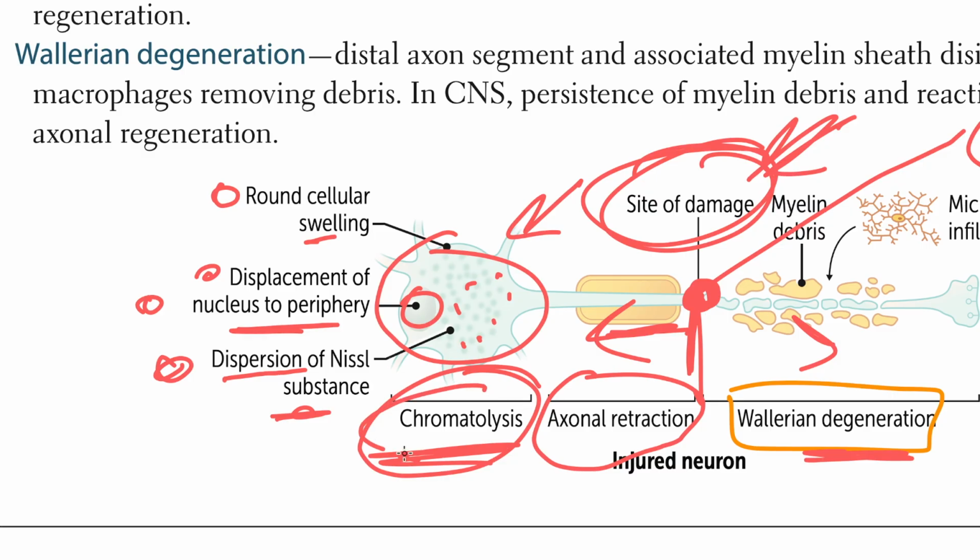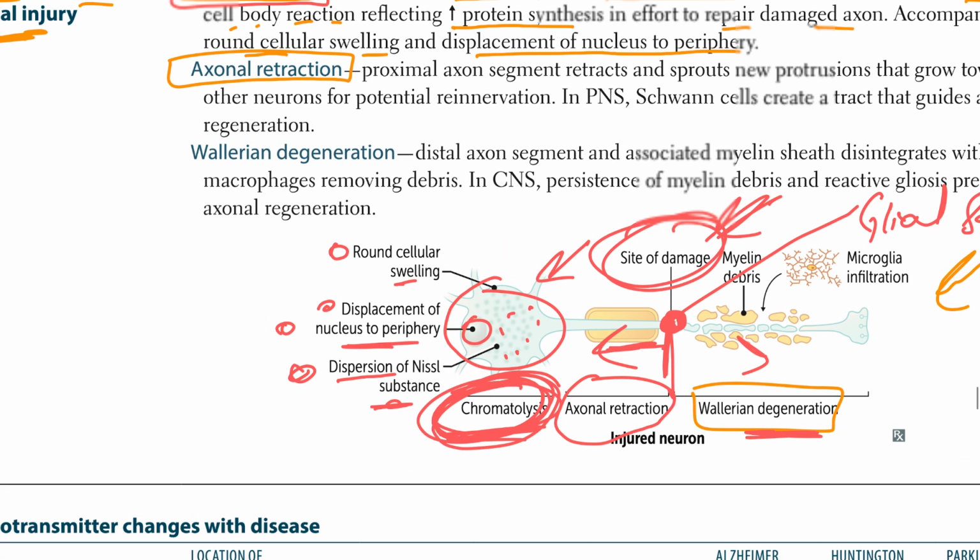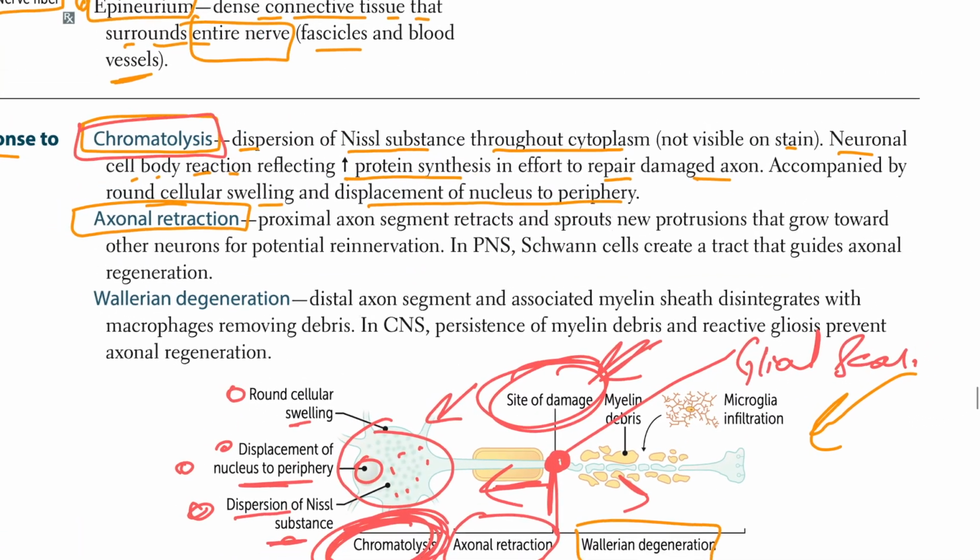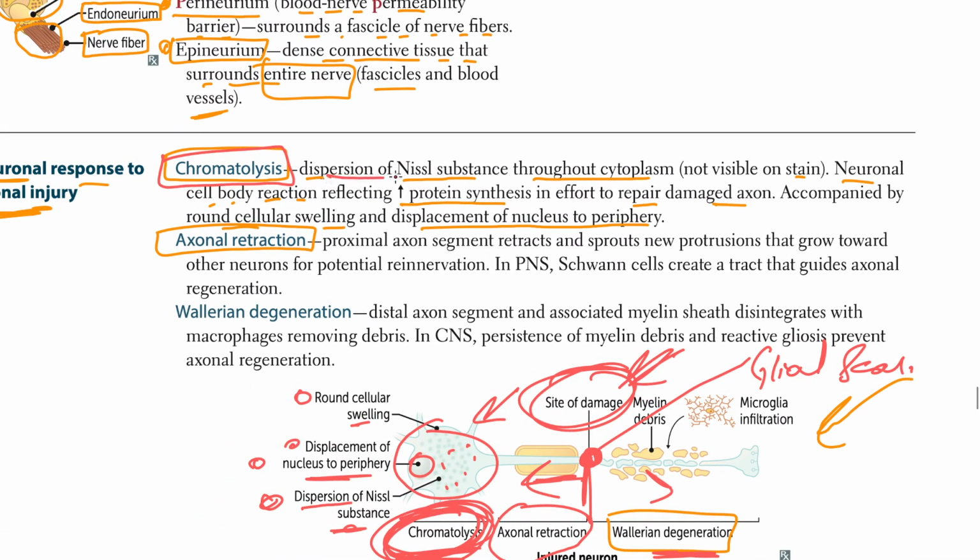All of that is called chromatolysis, and that's exactly what's written there. On top of that, you also have an increase in protein synthesis, accompanied by round swelling and displacement of the nucleus to the periphery.